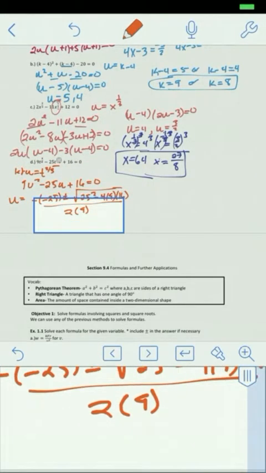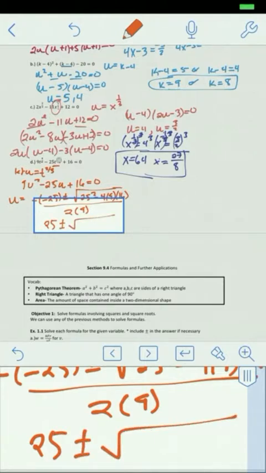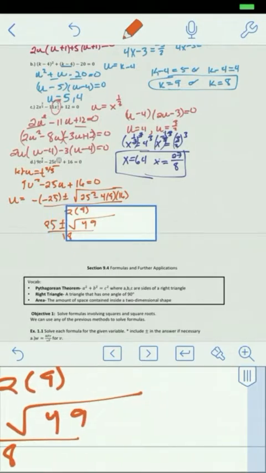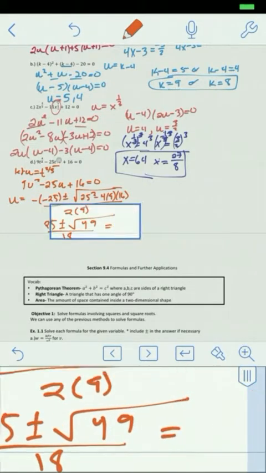So I end up getting 25 plus or minus, let's see, 25 squared, 625 minus 4 times 9 times 16. That ends up being 49 under the radical. And divide the whole thing by 18. Hey, that's a nice pretty square root.